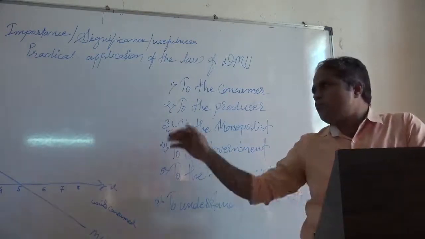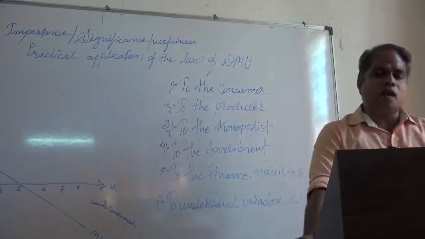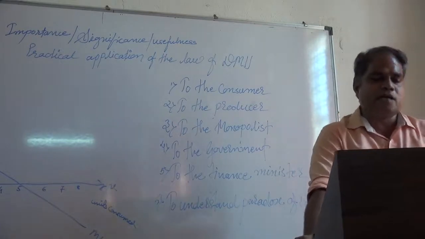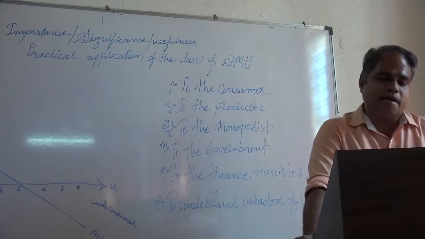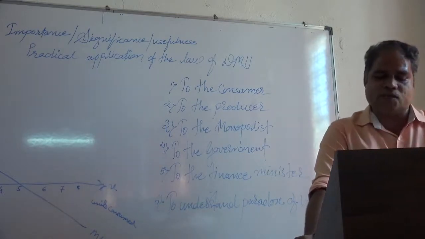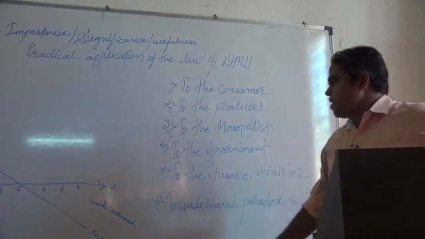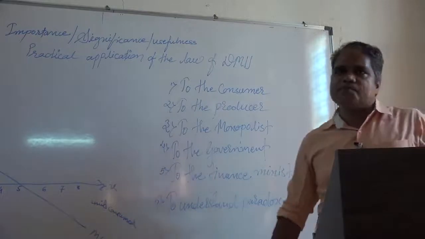So the explanation of the law of diminishing marginal utility shows that higher total utility, meaning higher total satisfaction, determines greater value in use, and higher marginal utility denotes greater value in exchange of a commodity. So the law of diminishing marginal utility helps to understand the paradox of value. Paradox means exception.